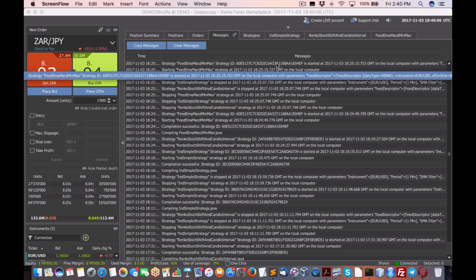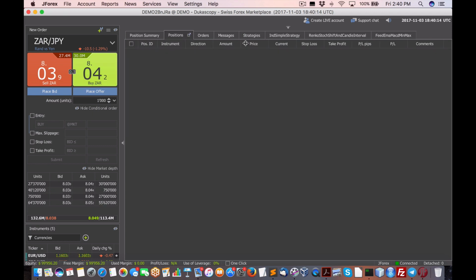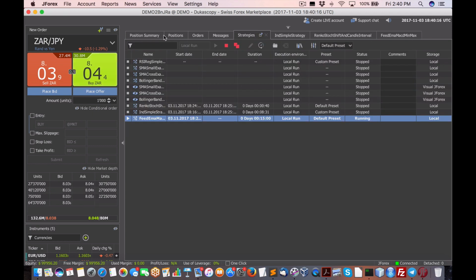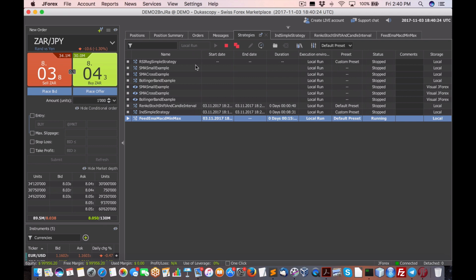Okay, so what you're looking at is the J4X platform for forex, obviously from Dukascopy. Currently, it's easier for me to make videos here, testing a variety of indicators. I want to stress this is only for market entry.